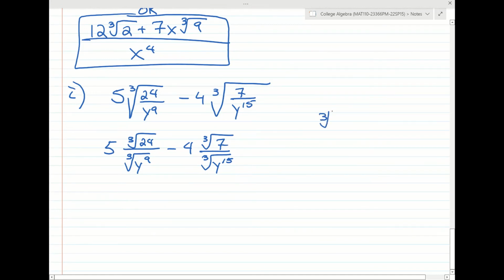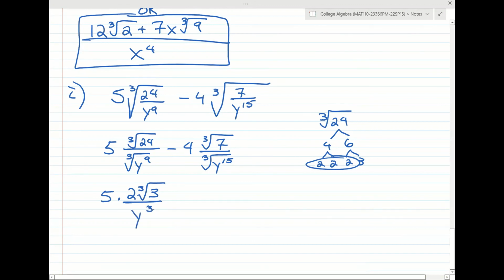So the cubed root of 24 is the same thing as 4 times 6. 2 times 2, 6 is 2 times 3. So the cubed root of 24 would simplify to be 2 times the cubed root of 3. The cubed root of y to the 9th would just be y to the 3rd. Minus 4 times the cubed root of 7 won't simplify. Cubed root of y to the 15th is just y to the 5th.